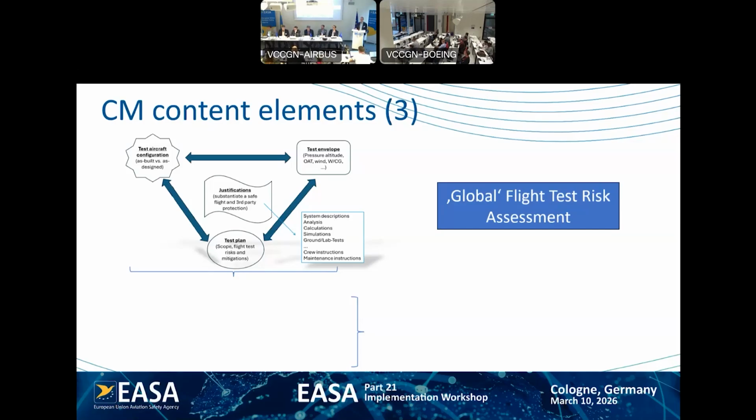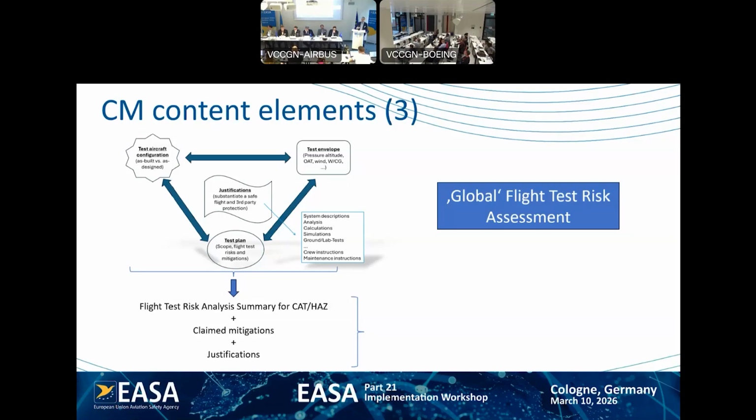And now you need to put all these three major pillars into their context and assess them in an iterative process. You will end up in the need for justifications, and these may then comprise elements like the system descriptions, calculations, testing, etc. All that, in a summary, should bring you more or less automatically to that flight test risk analysis summary.